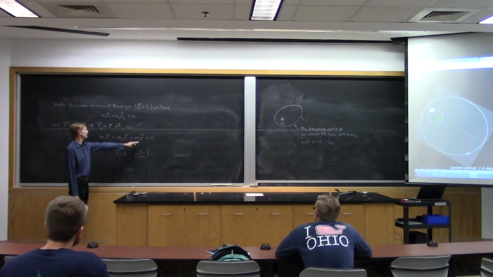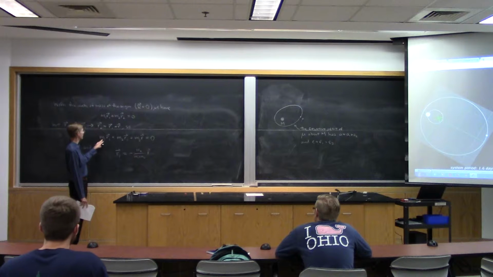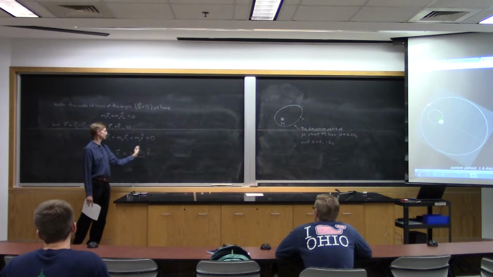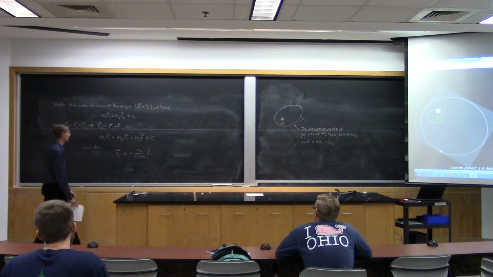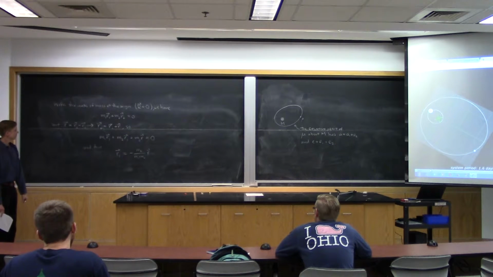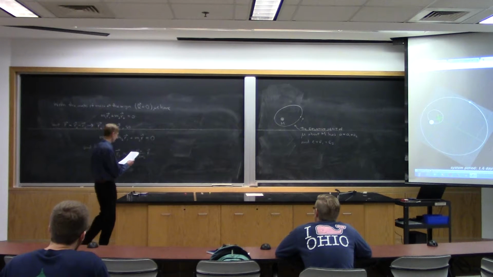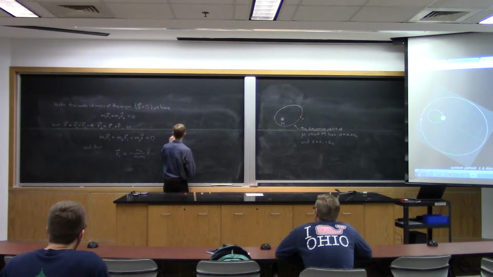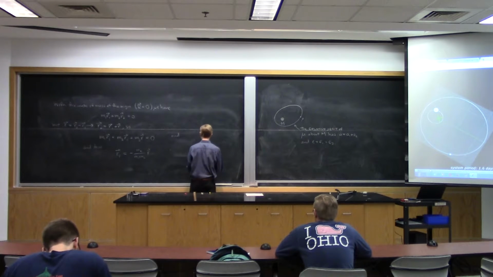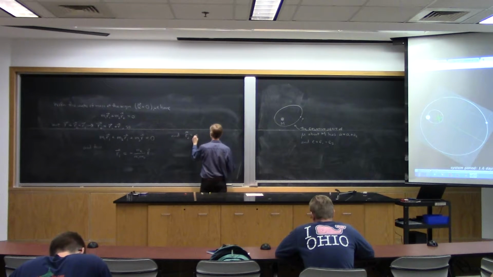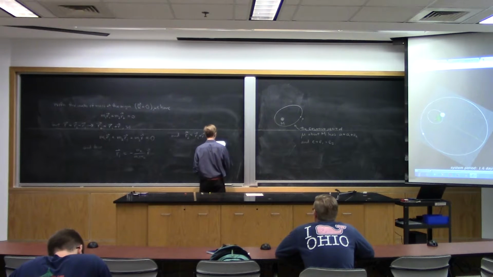So here I just solve this for r1. This is m1 plus m2 times r1, plus m2 r is equal to 0, so I just divide through by m1 plus m2 and write that r1 is minus m2 over m1 plus m2 times r. And we have that r2 is equal to r1 plus r. There's more than one way to get this.